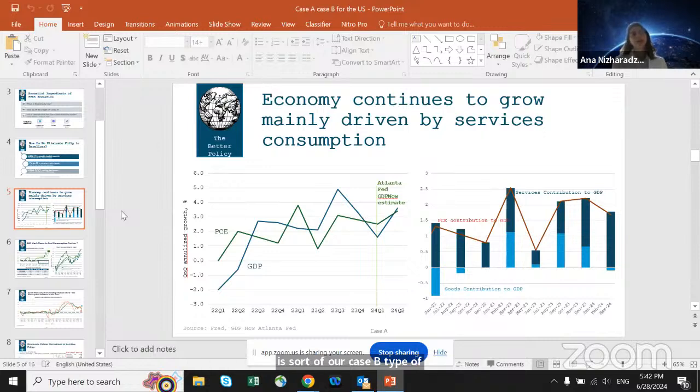However, it is still elevated for our case A scenario as well. So I will just say that roughly it has moderated from 3% to 2.7%. However, it still remains elevated compared to the US neutral rate. And regarding this neutral rate, I will be discussing a bit more later in today's seminar.